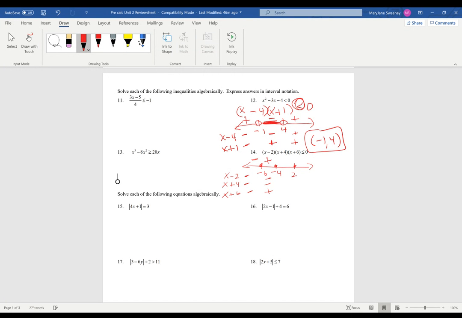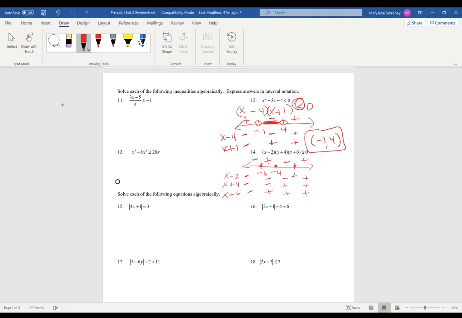Overall, that's positive, because 2 negatives make a positive. In between -4 and 2, I'd pick 0. So that's minus, plus, plus, which is overall a minus. To the right of 2, I pick 3, plus, plus, plus.